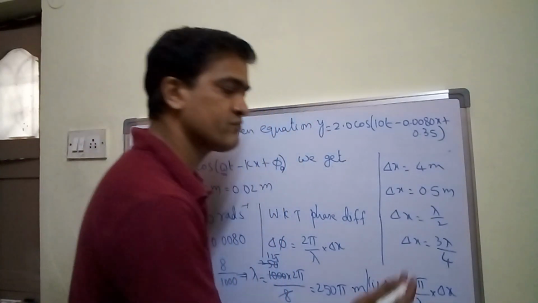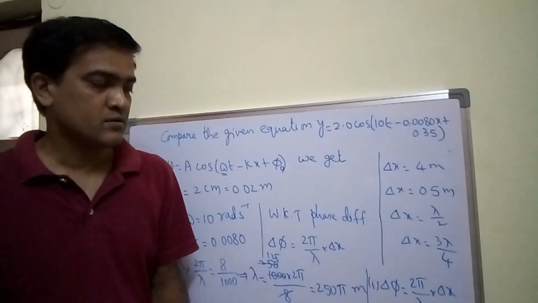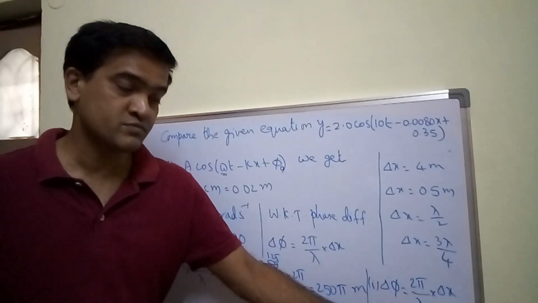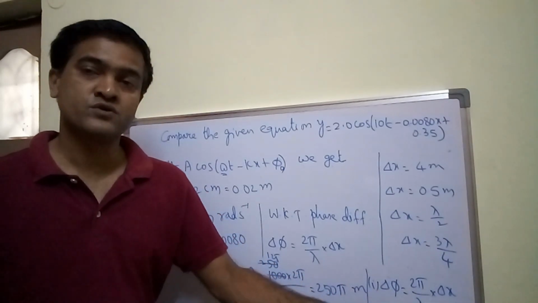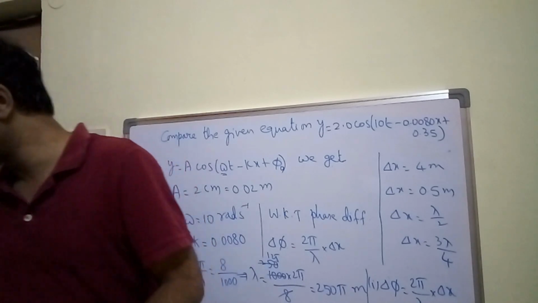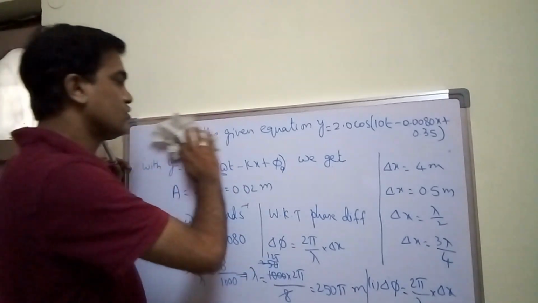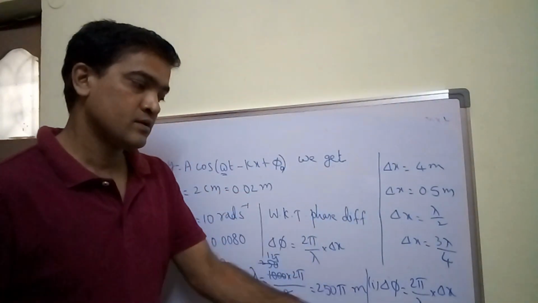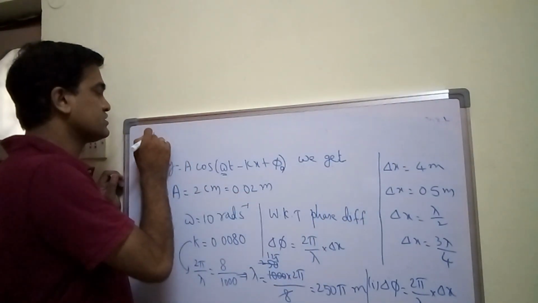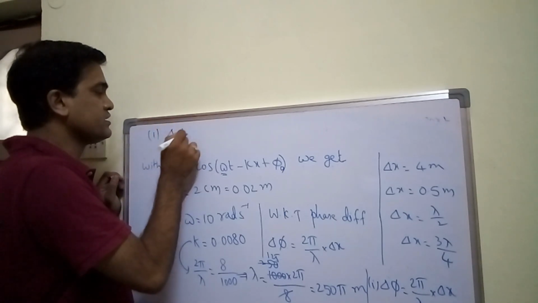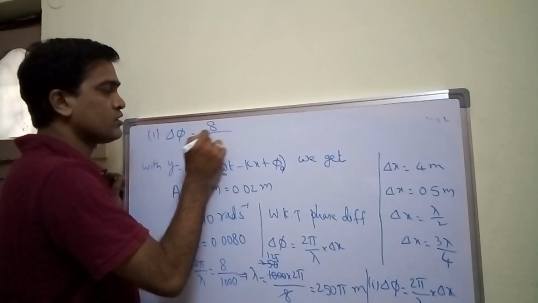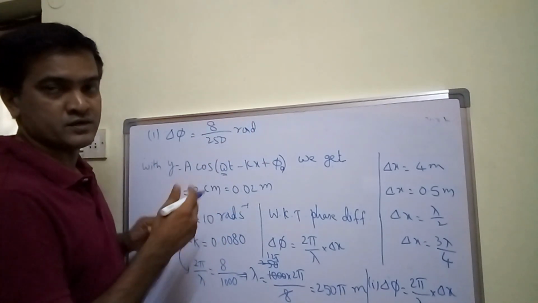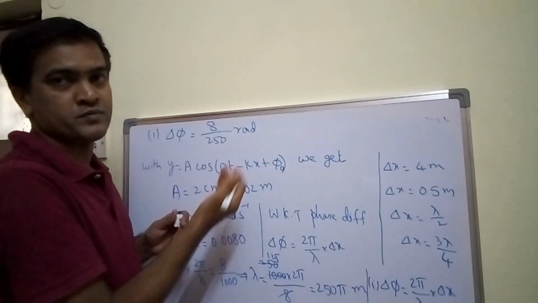If you want to simplify further, you can multiply with 4 on both sides, multiply and divide with 4, so that you can cancel easily. For the first bit you have delta phi is equal to 8 upon 250 radian, right? If you want, you can leave this, but depending upon the options may not be like this.